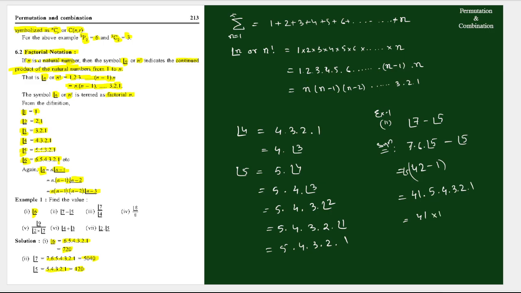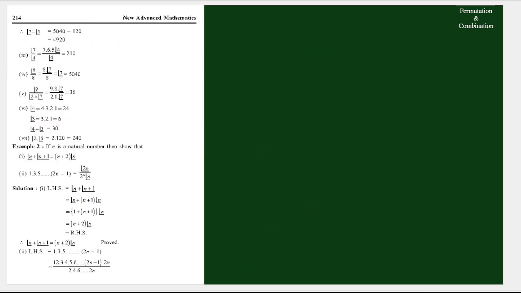So 41 into 120. What will come? Multiply now. 41 into 12 is 492. So 4920. This is your answer. I think you will get the same thing. 4920.